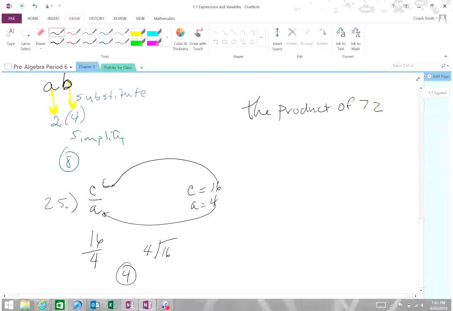First of all, what does the word product mean? If you've forgotten, multiplication. If you have forgotten, on page 6, right in the middle of the page, there is a word bank for each mathematical operation. The word product, as we stated, means to multiply.